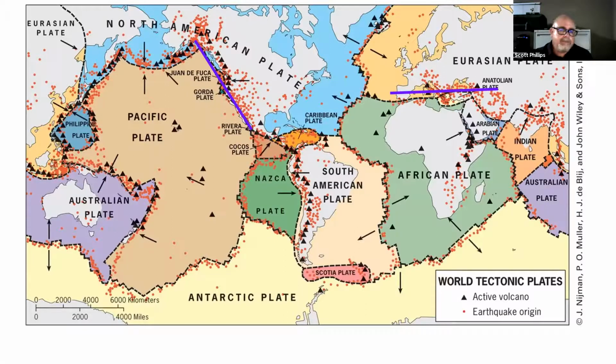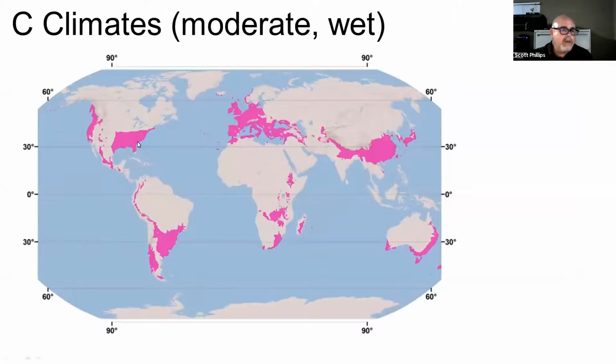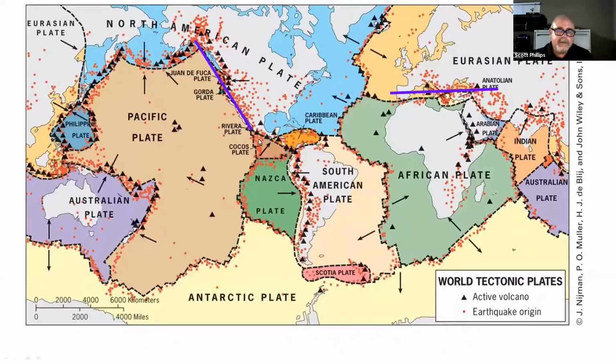And one thing I will highlight really quickly, we have these types of climates in the United States as well on our west coast, but they don't extend as far into the United States as these climates do in Europe. And one reason for that is that the way our mountains are configured is different than Europe.